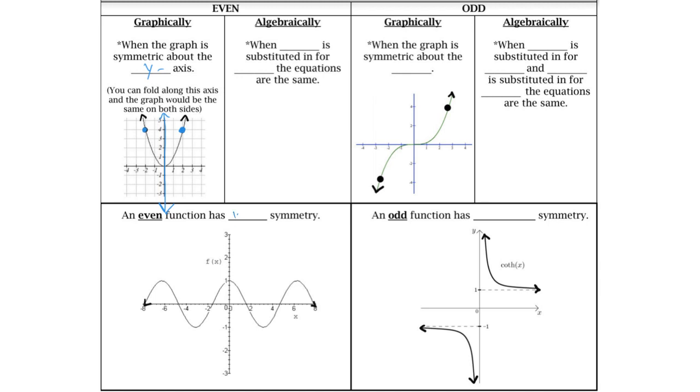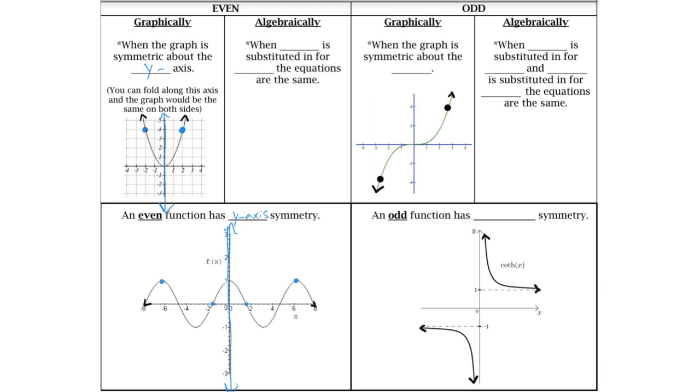An even function has y-axis symmetry. Every point on the graph should be symmetric across the y-axis if it's an even function. All these points are the same distance, just on the opposite side of the y-axis.